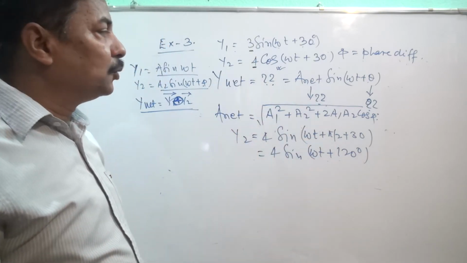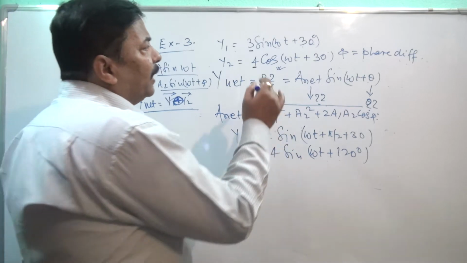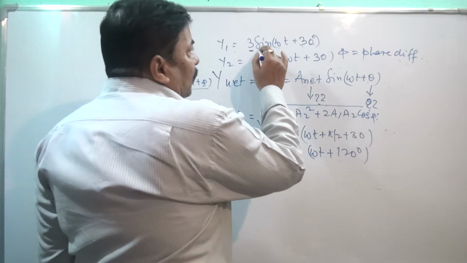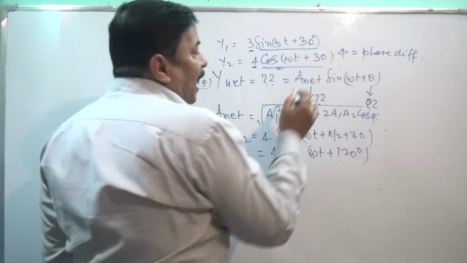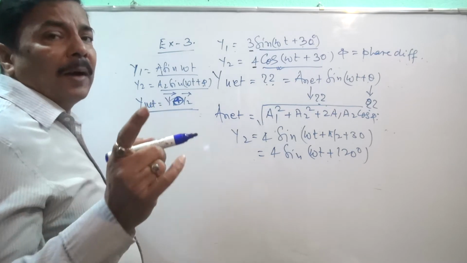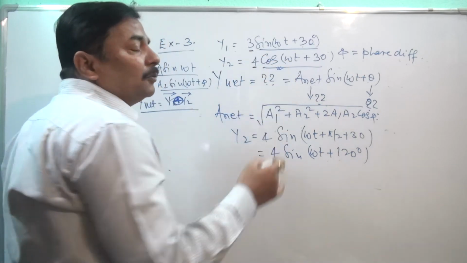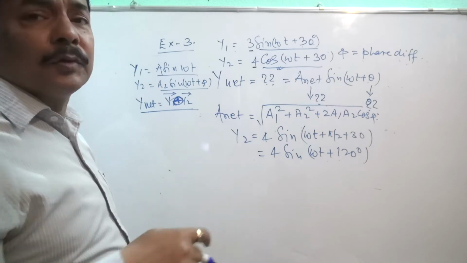So what I mean to say is that whenever you are doing the calculation, always keep in mind that these two terms should be in sine. And the second thing to keep in mind is that the separation between them should be in terms of plus only.